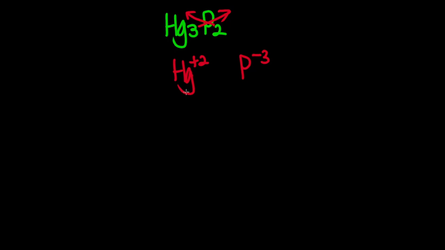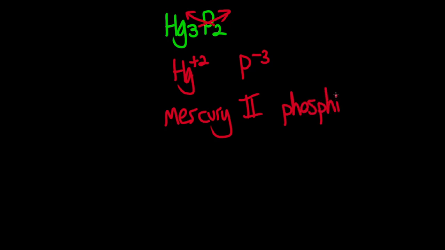Alright, and so I see Hg is going to be mercury, and since it has a +2 charge, I put the 2 in Roman numerals, and I call this phosphorus ion phosphide. Okay, and another name that I can give it is mercuric phosphide, because that +2 charge is the higher of my two potential charges on mercury.